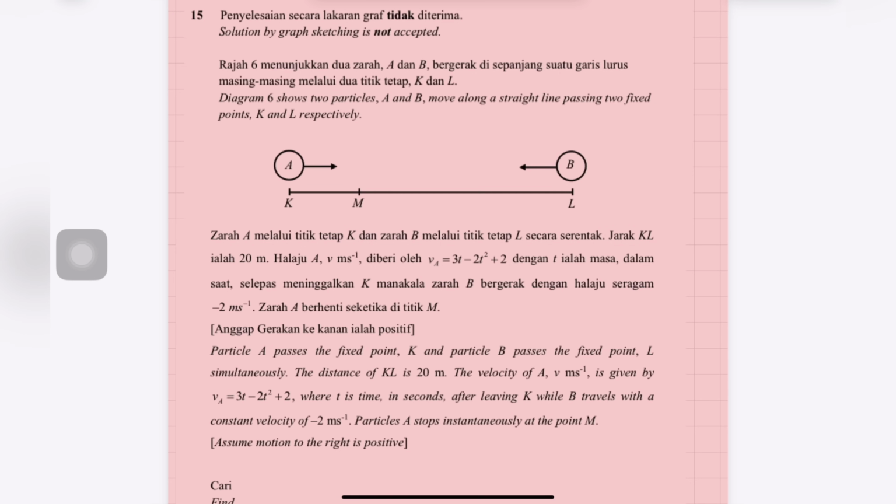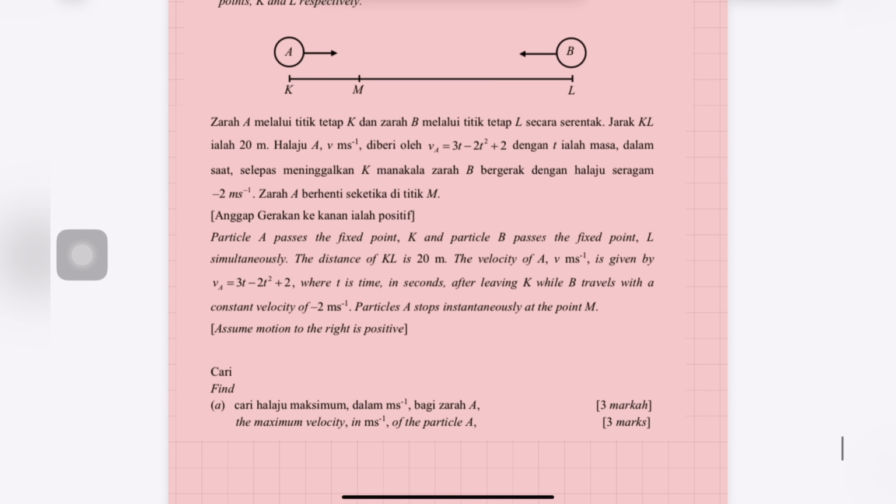The distance of KL is 20 meter. The velocity of A, V meter per second, is given by VA equals 3t minus 2t squared plus 2, where t is time in seconds after leaving K, while B travels with a constant velocity of negative 2 meter per second. Particle A stopped instantaneously at point M.